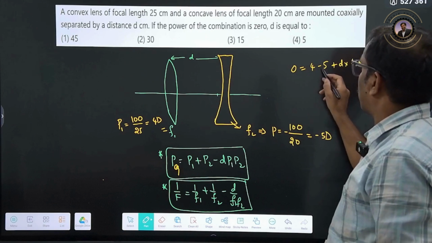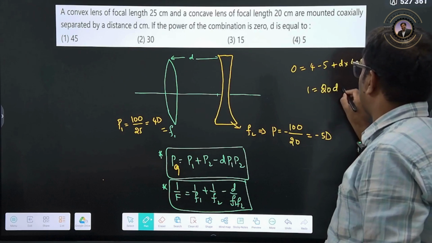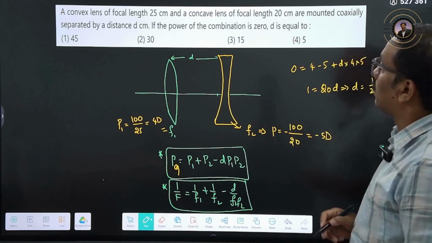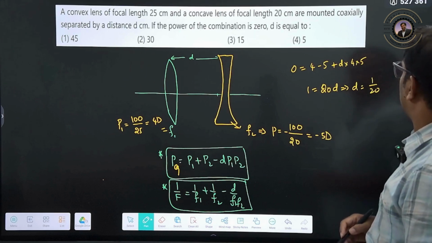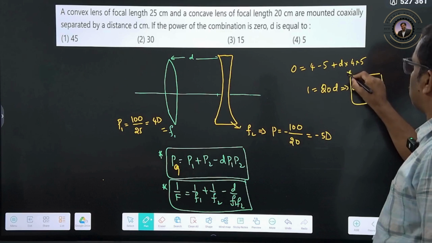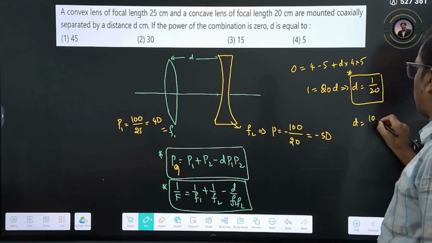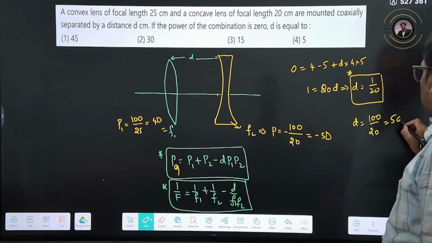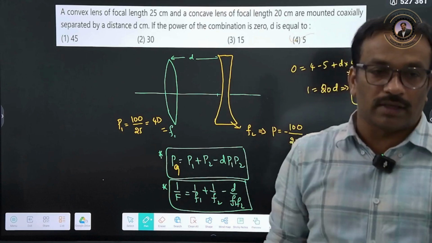This is minus 1 taken here, 1 is equal to 20 into d, therefore d is equal to 1 by 20. It is in meters, therefore d in centimeters means 100 by 20, so it will be 5 centimeters. So this will be your answer.